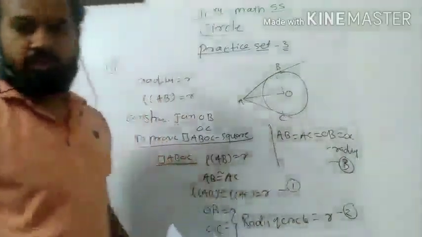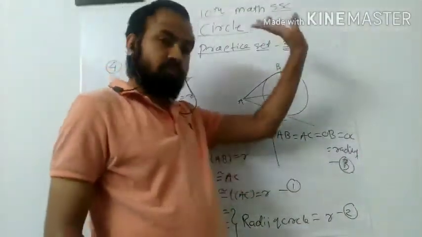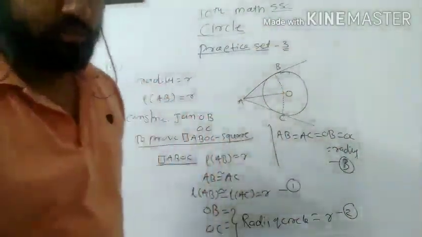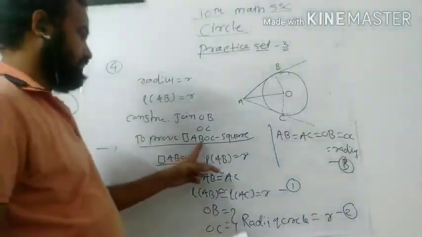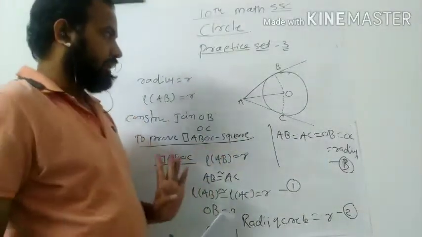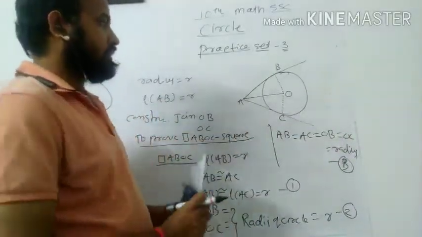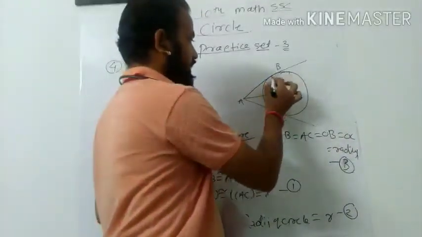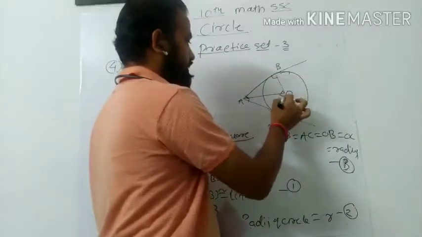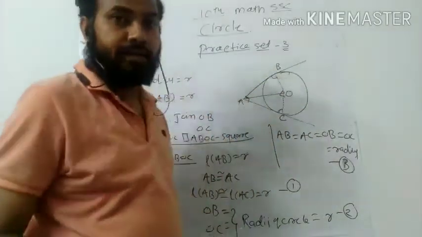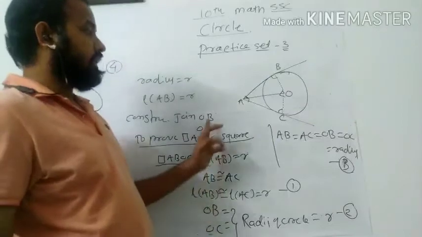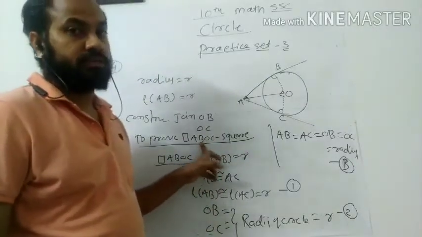I have to use this equation to finally prove that this ABOC is a square. Now once I get that these sides are equal, I have to prove that all angles, angle A, angle B, angle C and angle O, are 90 degrees. Only then can I say that this quadrilateral ABOC is a square.